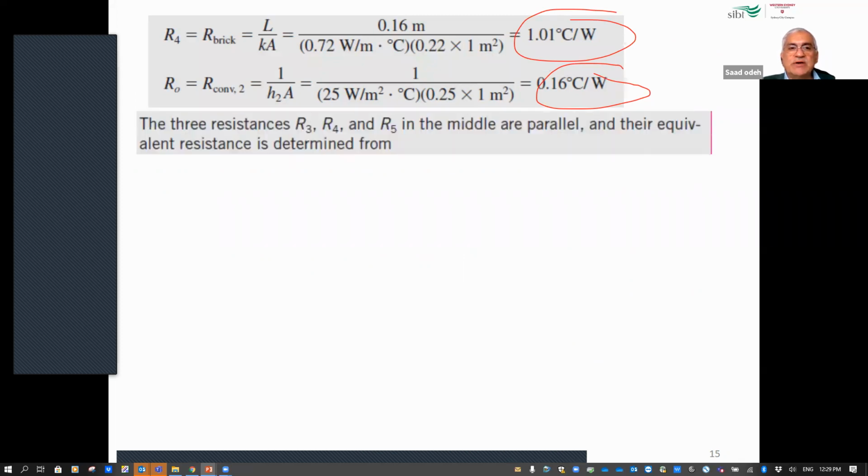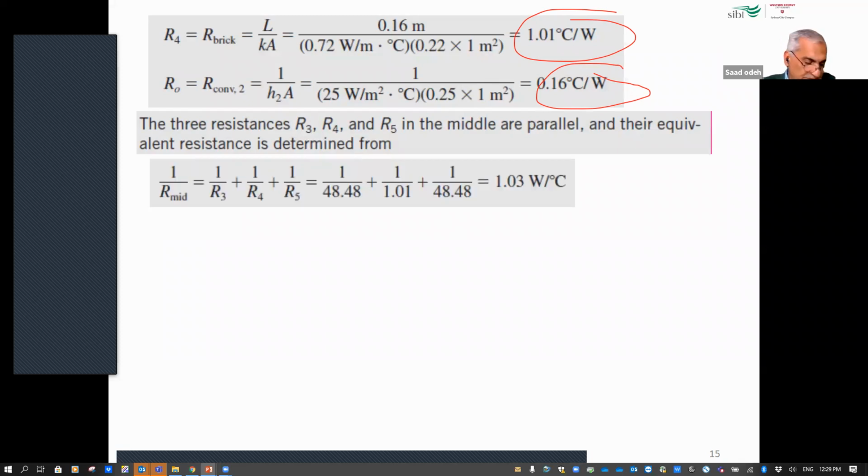Then now our duty is to find out the total thermal resistance. And as we mentioned before, we can add first the parallel resistances, these ones, to find their thermal resistance. And we can get this from this equation.